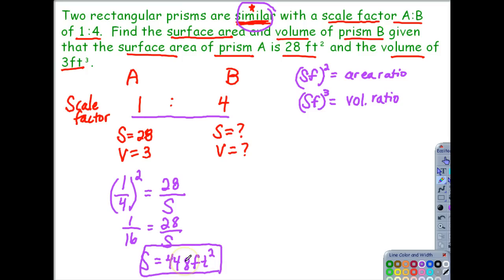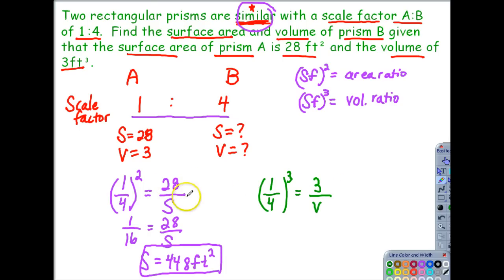All right, let's find the volume. Why don't you tell me what I should write down? Well, we have our scale factor again of 1 over 4, but I'm going to have to cube it this time. Why is that? Because I'm trying to find the volume, so I need the volume ratio, and I have to cube it. Now I can set it equal to the volume of A that we know, which is 3, over the volume of B I'm trying to find, and I'm just going to use V. Try not to use X and X because there are two different things.